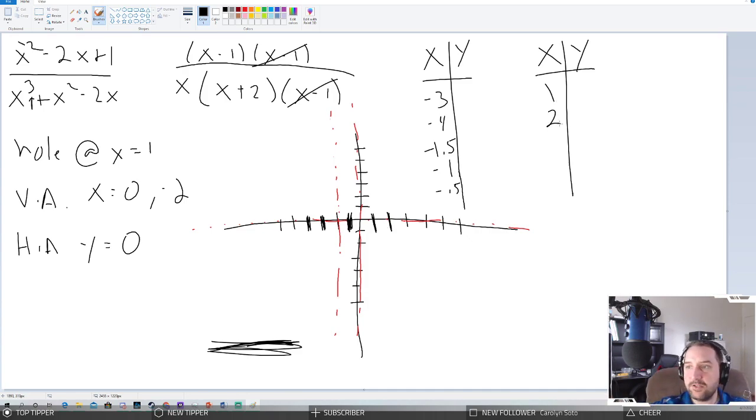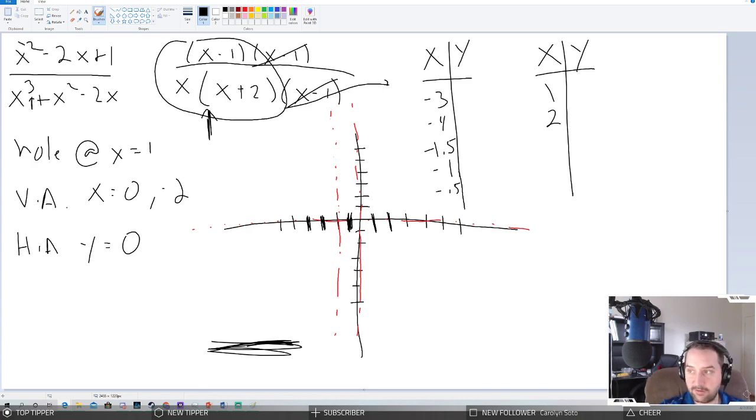Now, all we need to do is take those values and plug them into my reduced function here. And then that is going to help us sketch where our graph is going to be. Just to save some time, I'm going to use Desmos because I can create the table from that and then grab those values.